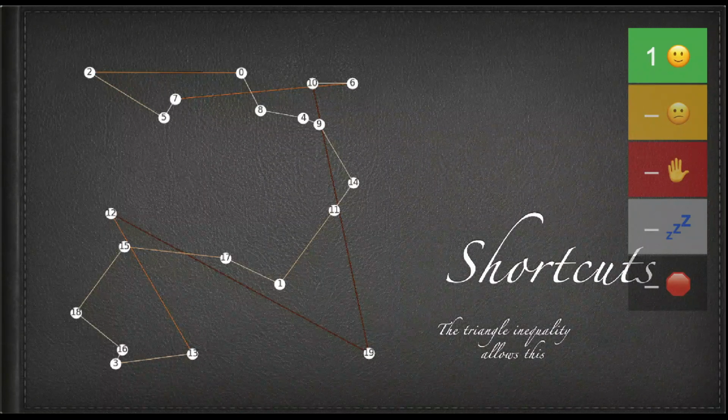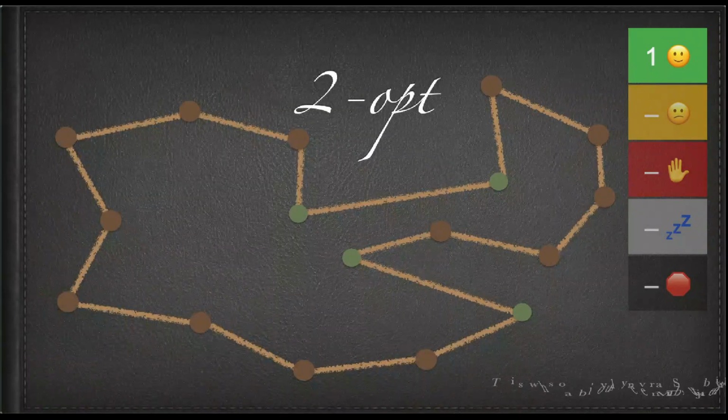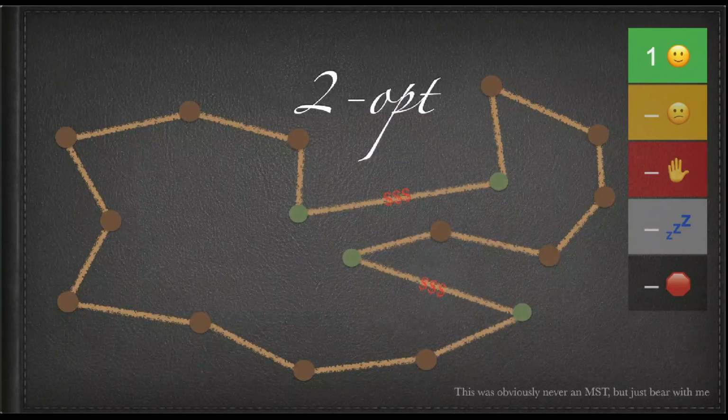The problem is that this is now a sucky cycle because we have these really long edges, like the one that goes from 12 to 19 and the one that goes from 19 to 10. So what we're going to do now is a little move called 2-opt.